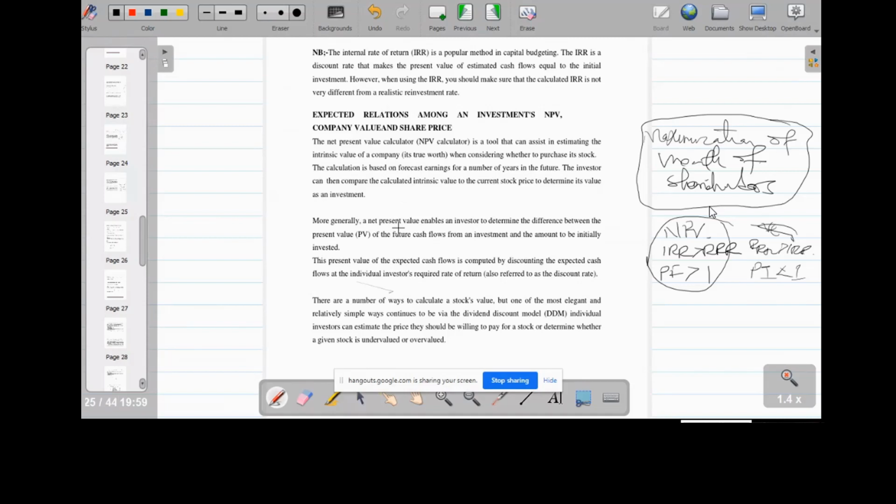So this is one of the methods, although we will discuss it later when we'll be discussing valuation methods. What we call the dividend discount model is one of the methods that is applied in valuation.